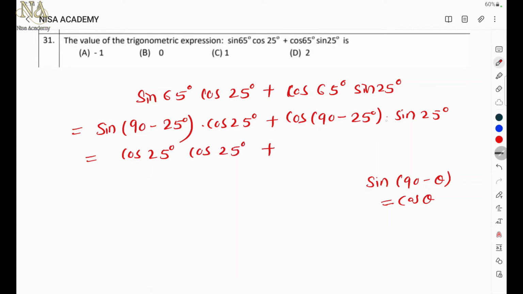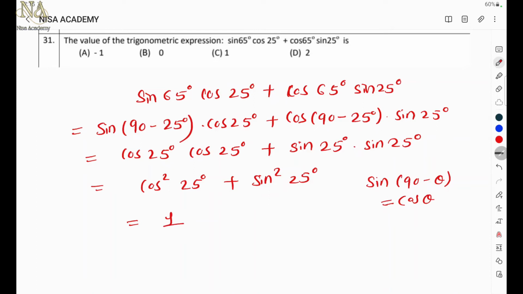Then cos of 90 minus theta is sine theta, which is sine 25, and this is sine 25. So cos cos is cos square, and sine sine is sine square. And what is cos square theta plus sine square theta? It is 1. So the answer is option C, 1. So you have to use the complementary angle here. Understood? Okay, let's go for the next problem.